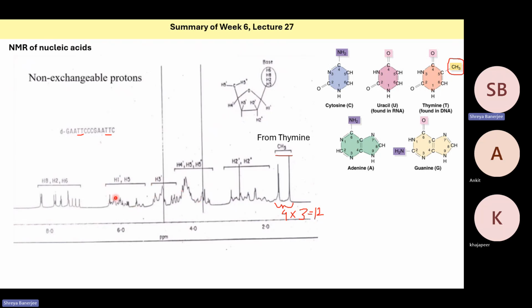You can see that it is almost impossible to find out the sequence from just 1H NMR because there is so much overlap. And of course, as you go more downfield, you get the protons of the nitrogenous bases. But the point of this is that just from 1H, it is not possible to figure out the spectra.